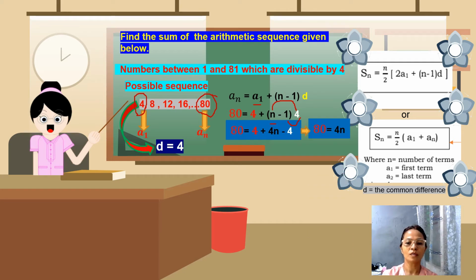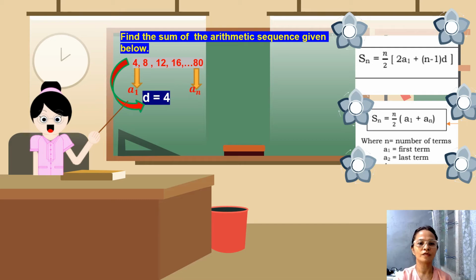So we have now 80 equals 4n, since 4 minus 4 is 0. So n is 20, because 4 times 20 is 80. Or you can have 80 divided by 4 and 4n divided by 4. n is 20.